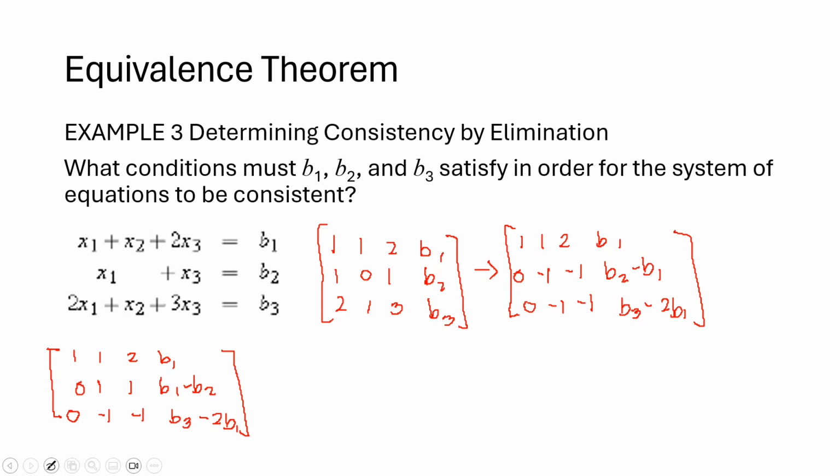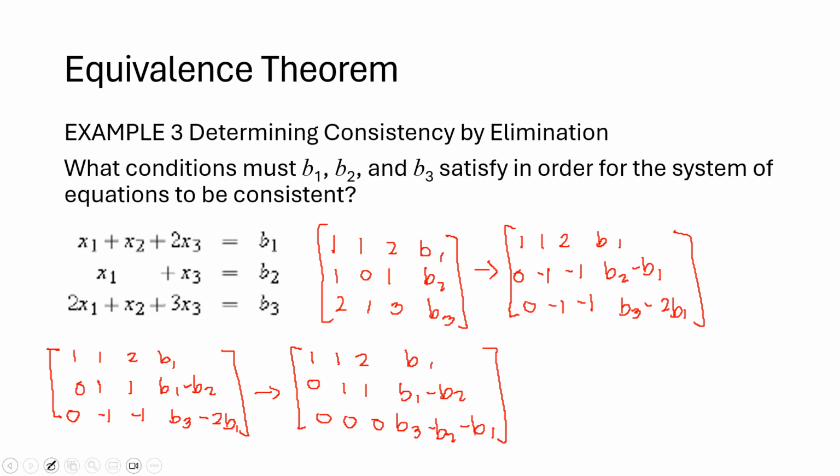So you have 1, 1, 2, B sub 1, then 0, 1, 1, B sub 1 minus B sub 2. Then you have 0, 0, 0, B sub 3 minus B sub 2 minus B sub 1.